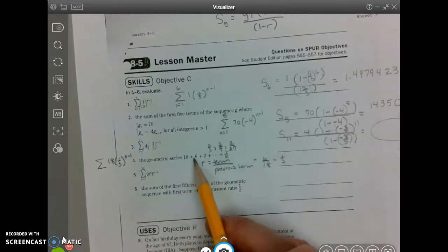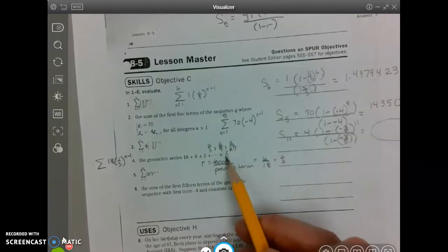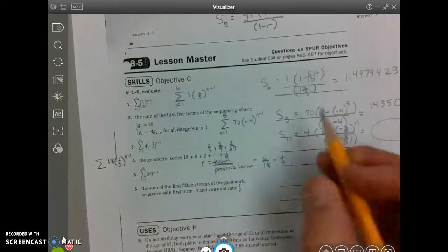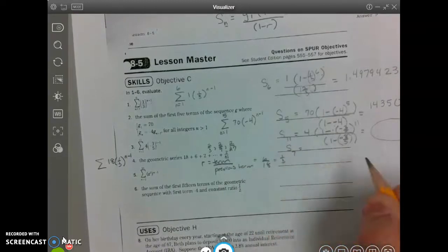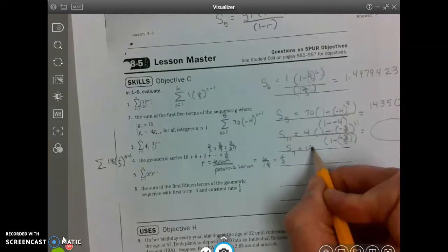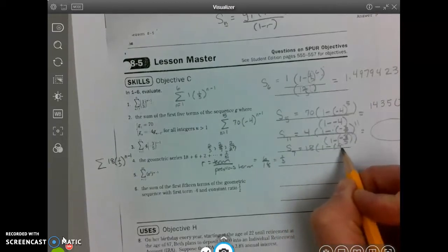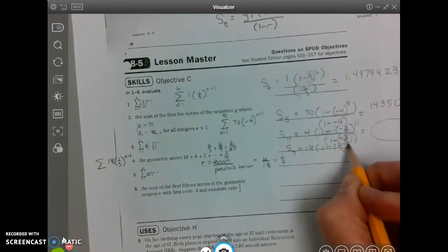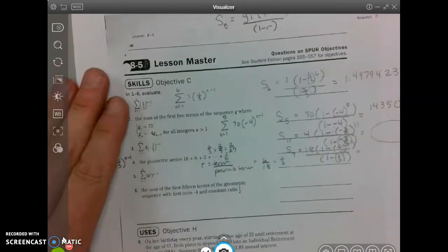So this is the first term, second term, third term, fourth, fifth, sixth, seventh term. So I'm adding up the first 7 terms. So my summation is the first 7 terms, where my first term is 18, times 1 minus 1/3, my constant ratio, to the 7th power, all divided by 1 minus 1/3. Use my calculator.